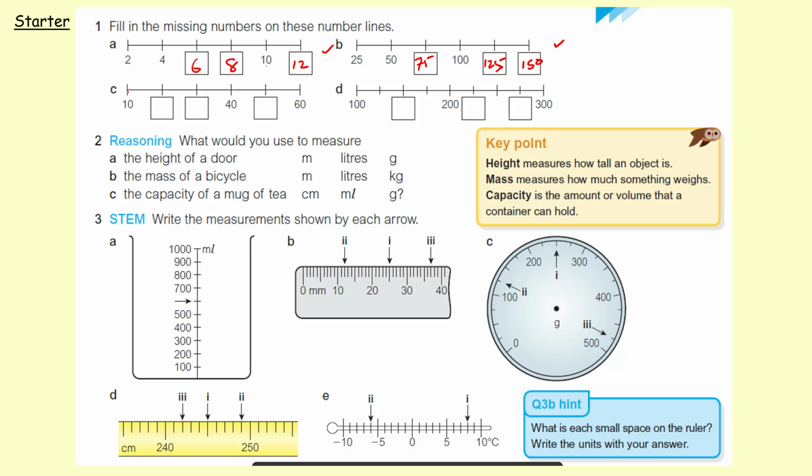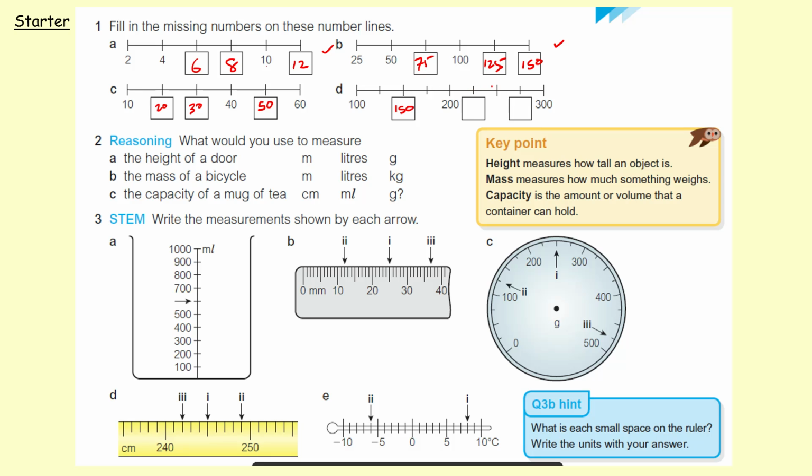Here we've got going from 10 to 40, we've got 2 divisions in between, so it's got to be going up in tens. 10 plus 10, 20, 30, 40, 50 and 60. On D, we're going from 100 to 200, halfway is 150.